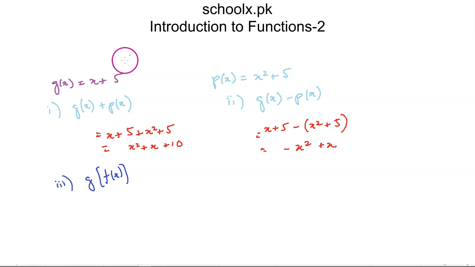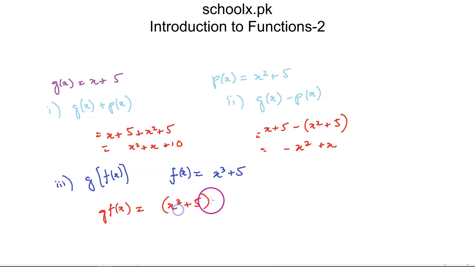Now what they have asked us here is to put the output of the function f of x into the input of the function g of x, and let's say f of x is x cubed plus 5. Now what will our answer be? It's quite simple though. What we'll get is g of f of x will be x cubed plus 5 plus 5.